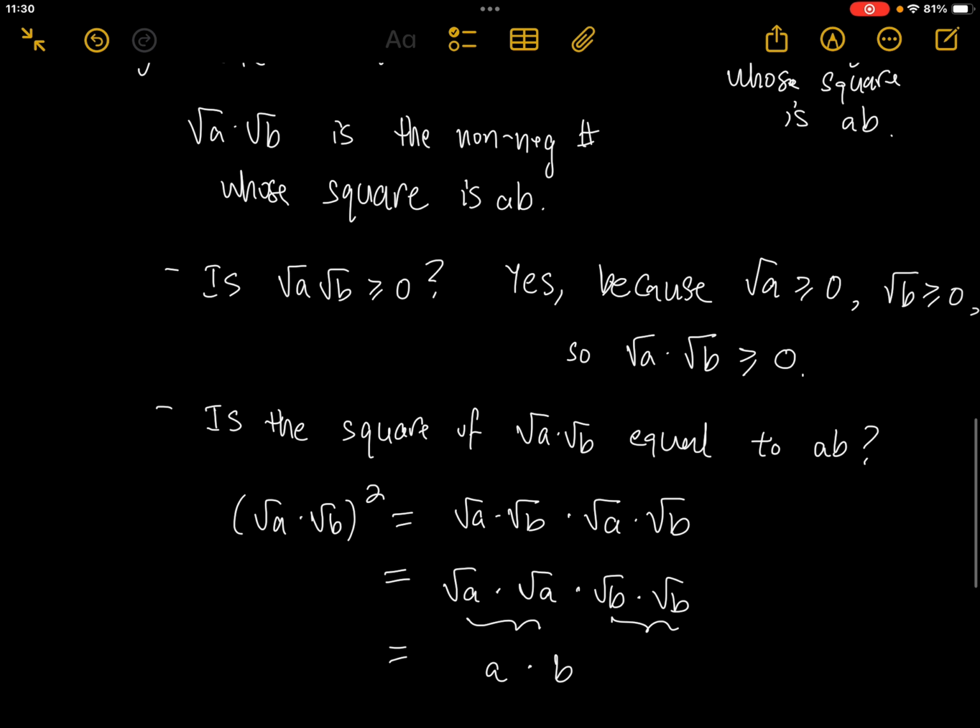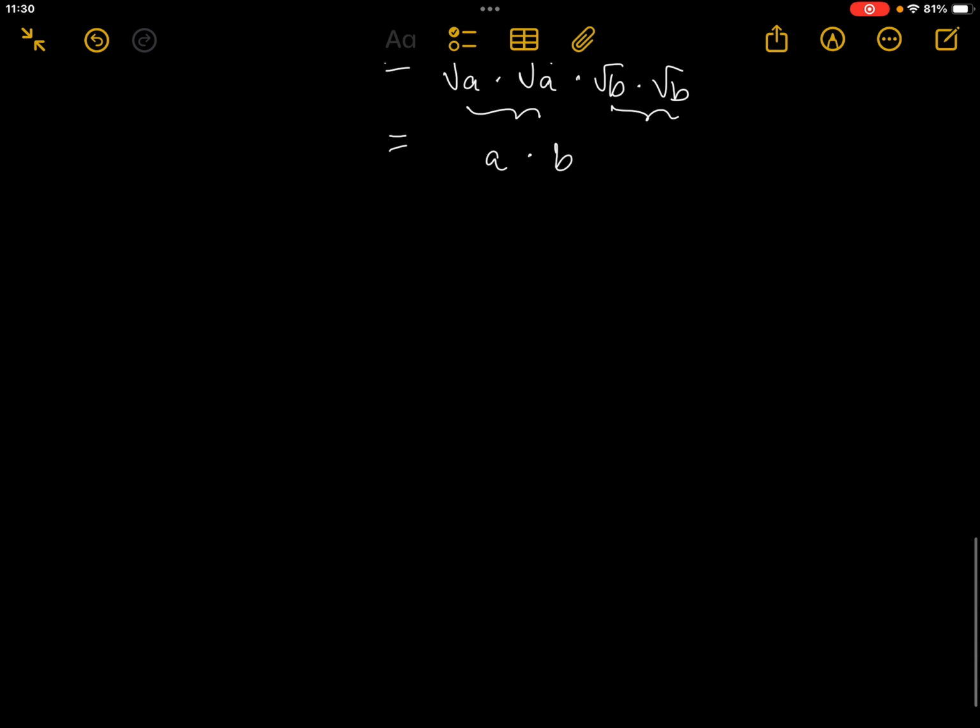So let's see this fact in action. Let's say I wanted to simplify the square root of 784. Well, 784 is a complicated number, but we can try to factor it.